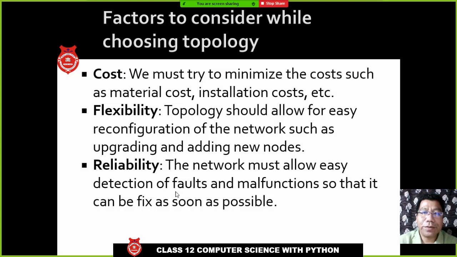While choosing a network topology, you have to keep in mind that your computer network should be reliable. Okay, if it is not a reliable network, you will have many problems: data loss, communication cannot be established, or different types of problems. So in order to minimize that, you have to consider these things.